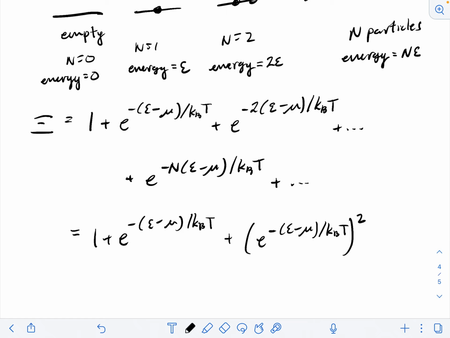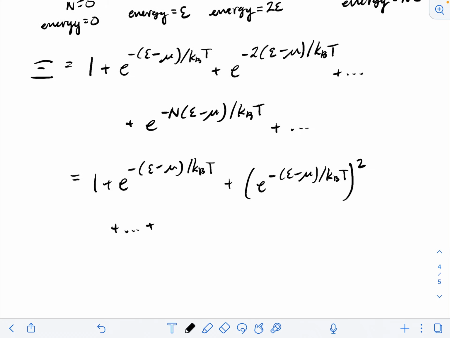If I square an exponential, that's equivalent to having e to the 2 times whatever was in the exponential. And then we get to the nth term. I could write that as e to the minus epsilon minus mu over kBT, to the n, plus and so on. And so when it's written in this way, you might recognize this as a geometric series.